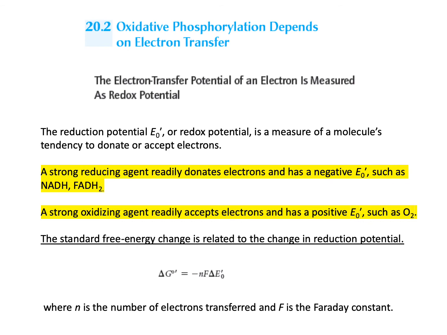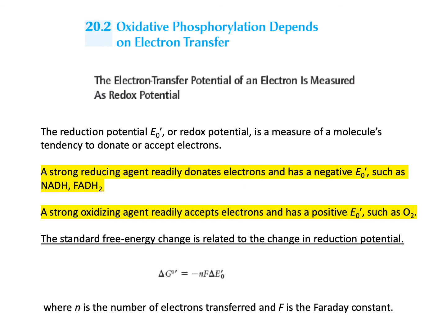The electron transfer potential of an electron is measured as redox potential. The reduction potential, E0, or redox potential, is a measure of a molecule's tendency to donate or accept electrons. A strong reducing agent readily donates electrons and has a negative E0. A strong oxidizing agent readily accepts electrons and has a positive E0.